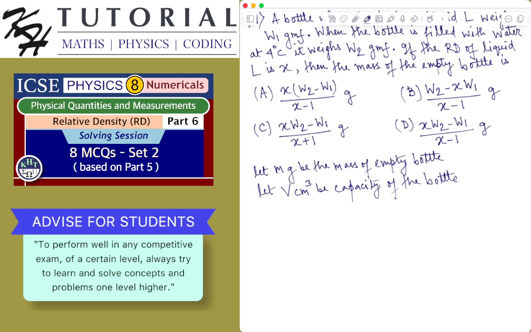Okay, so this will imply the volume when the empty bottle was filled with liquid. Let m1 gram be the mass of the liquid L which is completely filling the bottle.